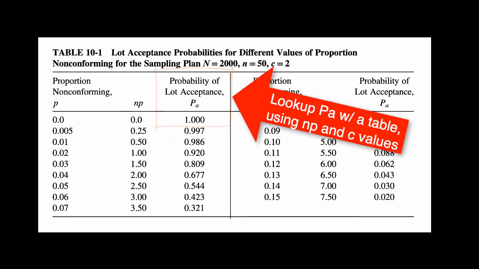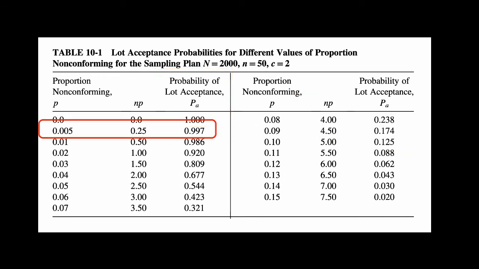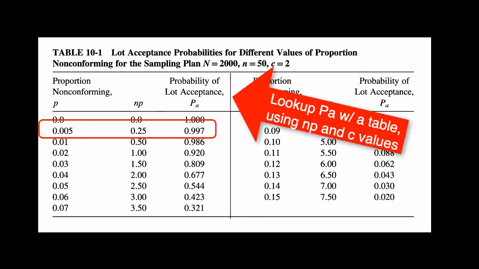And then we'll do that for 0.005, multiply that times n, in this case n is 50, so we get an NP value of 0.25. Then we're going to use this NP value to calculate the corresponding probability of acceptance value of 0.997.